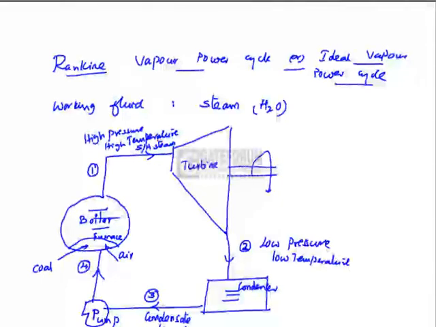generated in the boiler. This steam generated in the boiler at state 1 now enters the turbine, the steam turbine. Steam turbine is another important thermal turbo machine in which high pressure steam expands from boiler pressure to the condenser pressure isentropically, that is reversibly and adiabatically, through a very high pressure ratio.